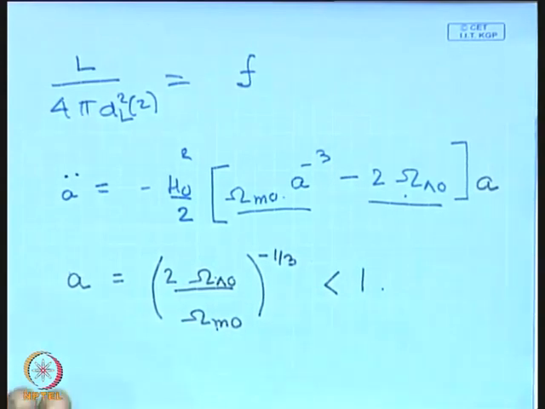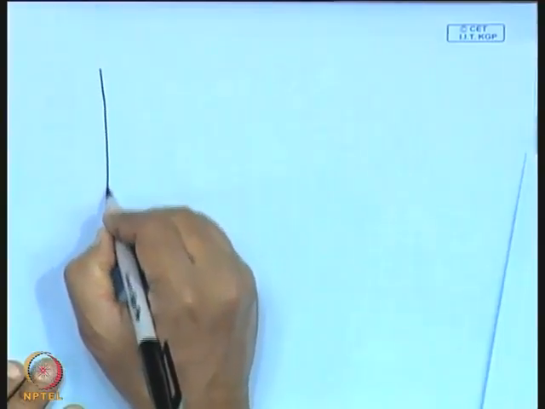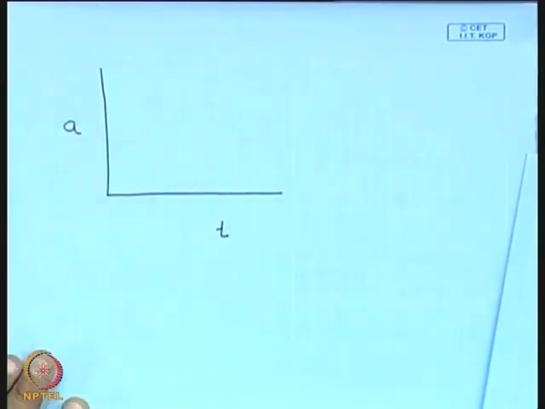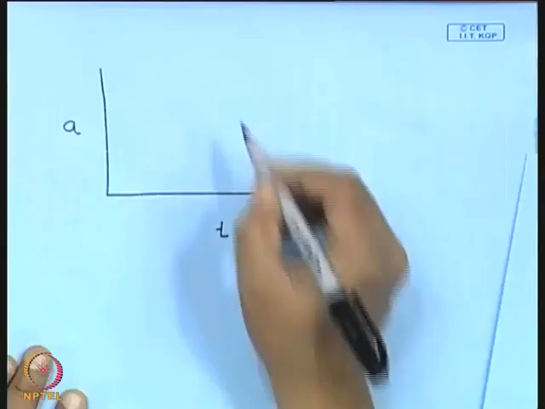So at some redshift in the past, the universe underwent a transition from a phase of decelerated expansion to a phase of accelerated expansion. If I plot the scale factor as a function of time, the second derivative is positive if it is accelerated, and the second derivative is negative if it is decelerated.